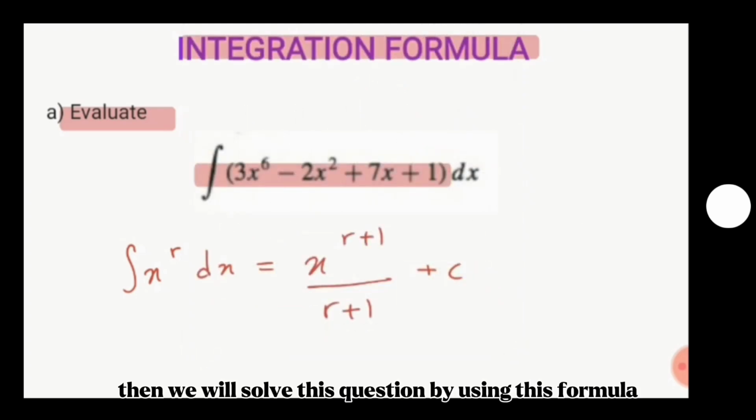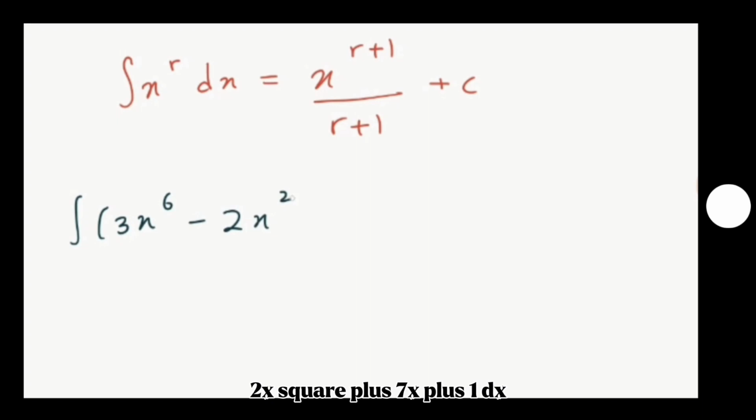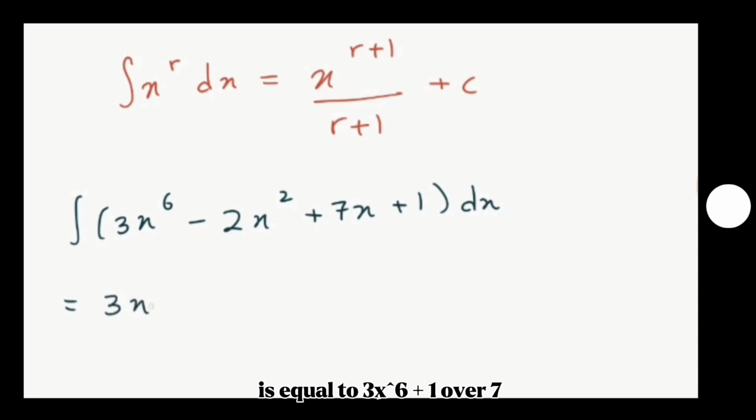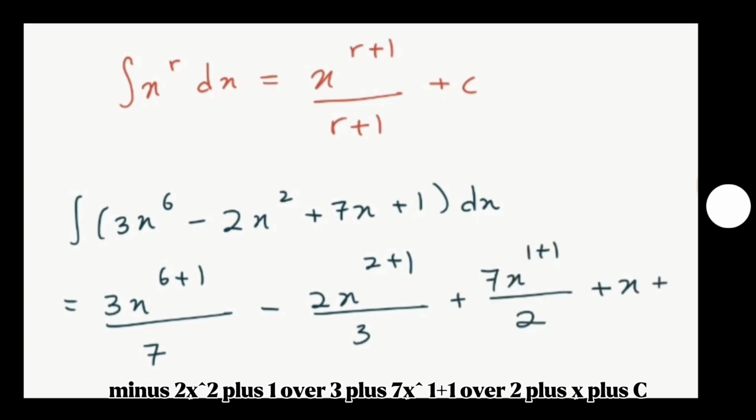Then we will solve this question by using this formula, where the integral of 3x^6 minus 2x^2 plus 7x plus 1 dx is equal to 3x^(6+1)/7 minus 2x^(2+1)/3 plus 7x^(1+1)/2 plus x plus c.